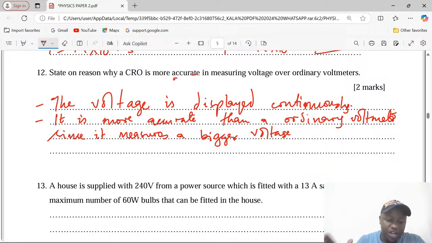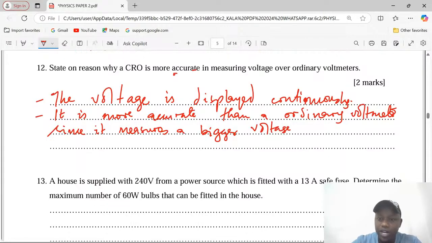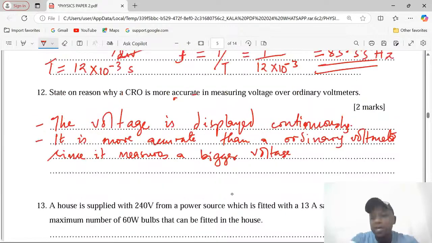Remember, the ordinary voltmeter relies on the deflection, whereby it is limited to some levels of voltage. When connected to very high voltages, the ordinary voltmeter can break. The pointer can break, since it is limited.